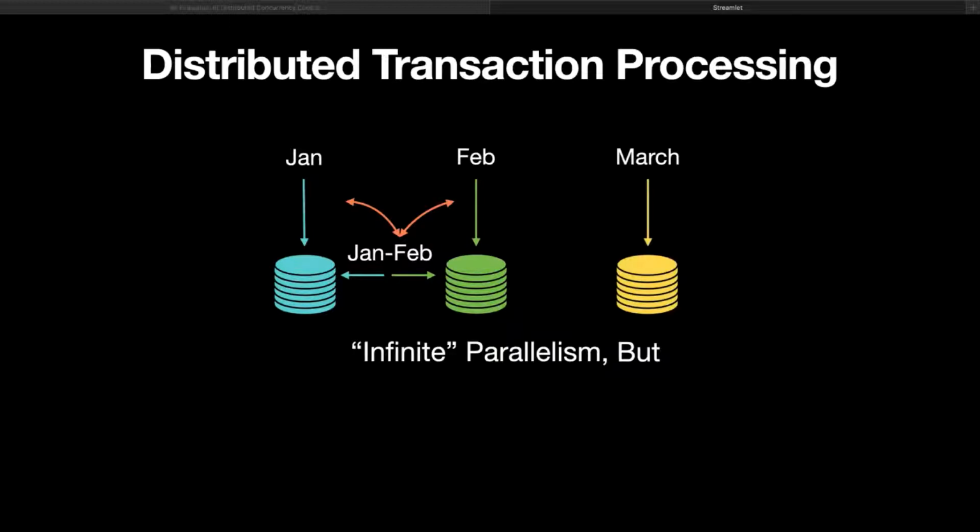For example, let's say the Jan-Feb transaction is trying to modify some records, and the Feb transaction is essentially trying to read. So in this case, we want serializability in these transactions. To provide that serializability, we need some form of locking mechanism.